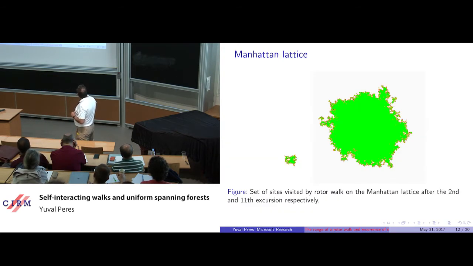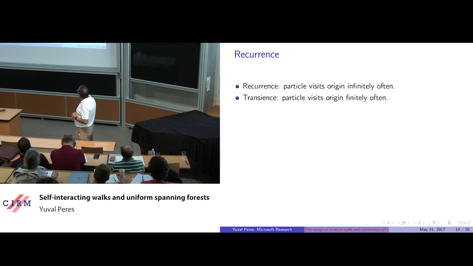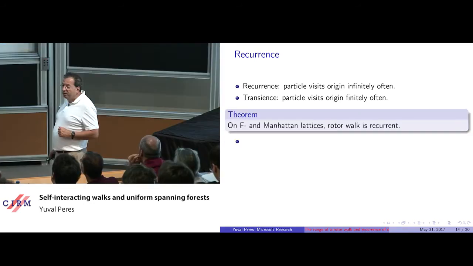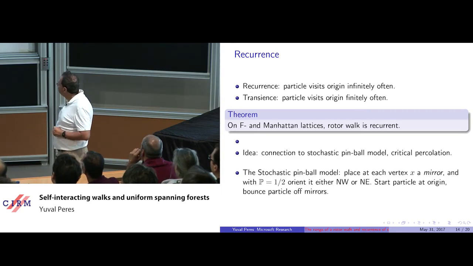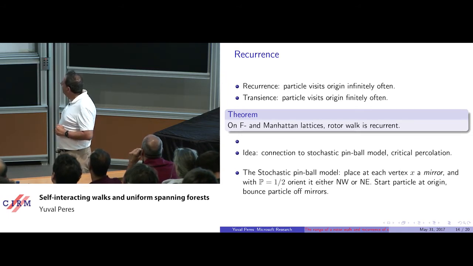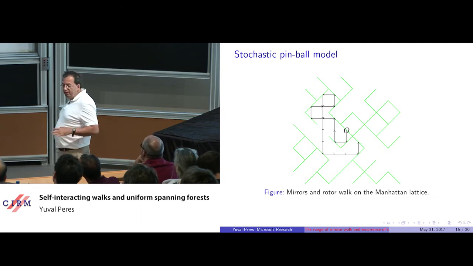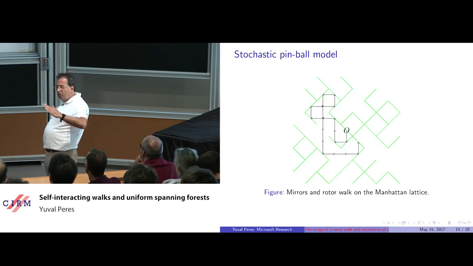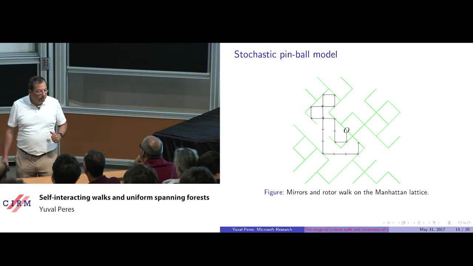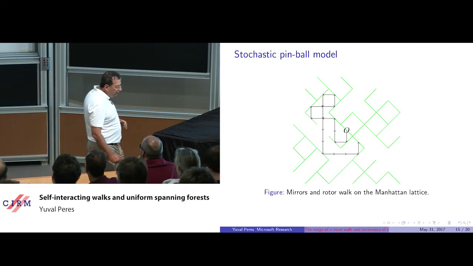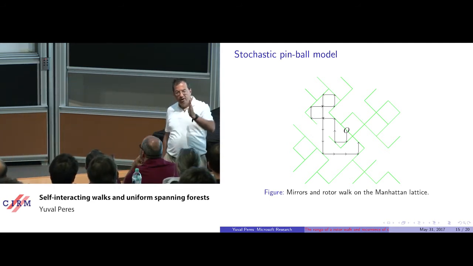Look at these two pictures, very different, but in both cases we can prove recurrence by connecting it to the stochastic pinball or mirror model. You place at each vertex a mirror at 45 degrees. In the classical mirror model, these mirrors are fixed forever. Here, the mirrors only reflect the initial condition, and they will turn around.